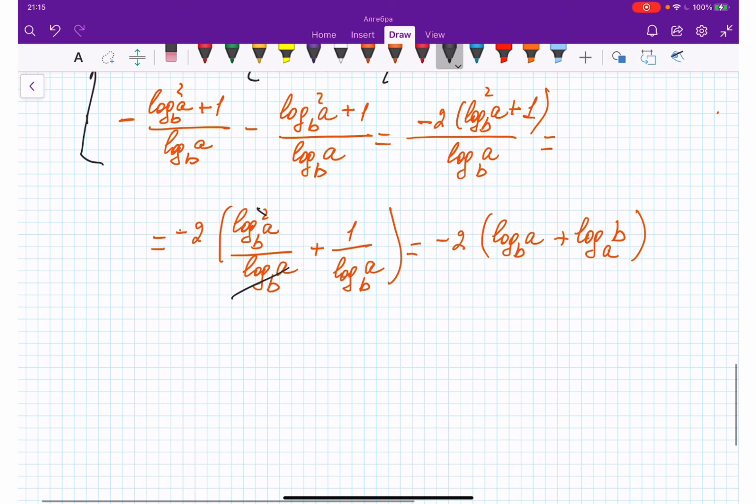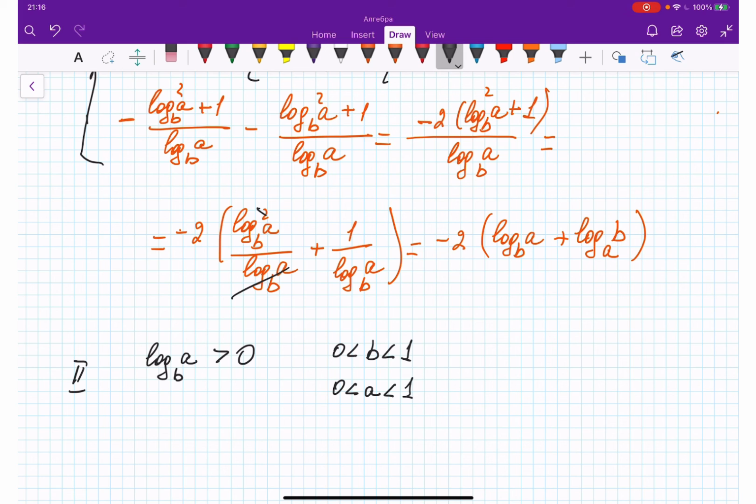Okay, second version: log_b(a) greater than 0, which means we have b a fraction between 0 and 1, a positive fraction, and a also a fraction. It's going to give us positive.